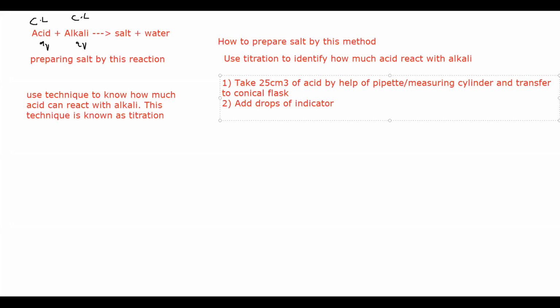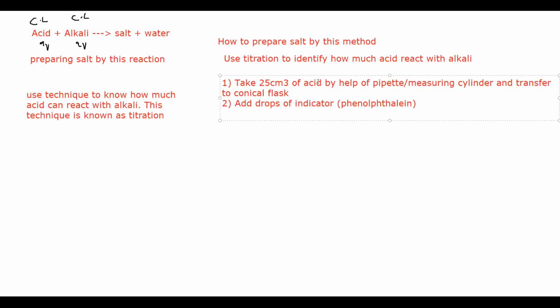So add drops of indicator and mention the name of the indicator, like here we are adding phenolphthalein. You can also mention methyl orange, it can also be used, but for a practical reason we prefer phenolphthalein over other indicators, because phenolphthalein is colorless and changes to pink.